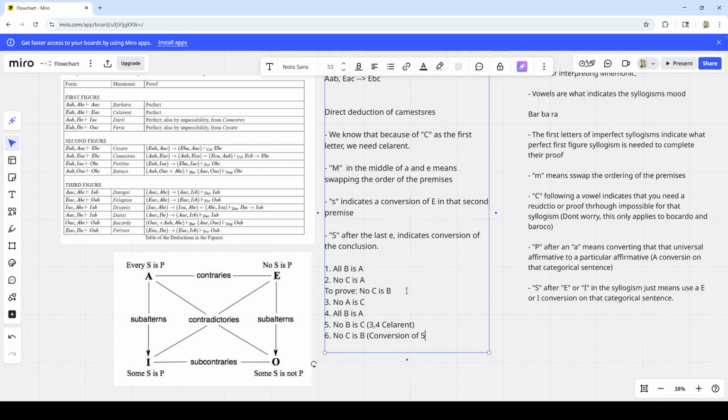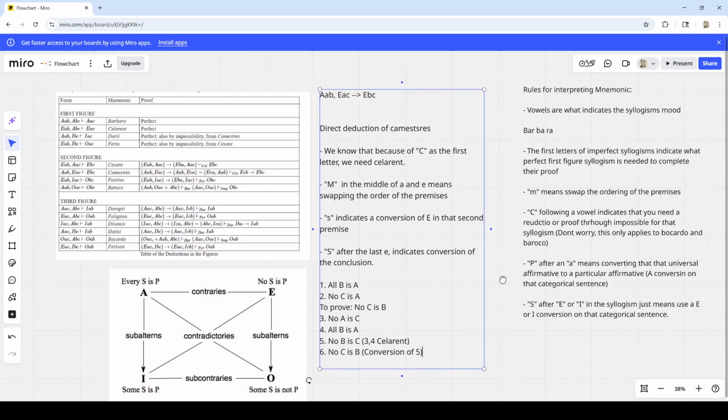And there you go. That's how you generally prove this. So let's retrace. First, I indicate that the syllogism is going to be proved via a Celarent syllogism via the letter C. Then I know M means the swap of the ordering of the premises, so I swap premise 1 and premise 2.